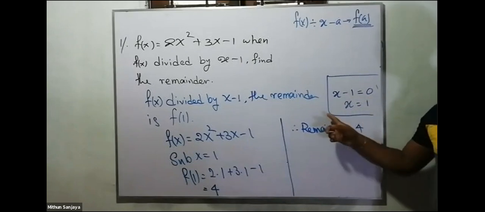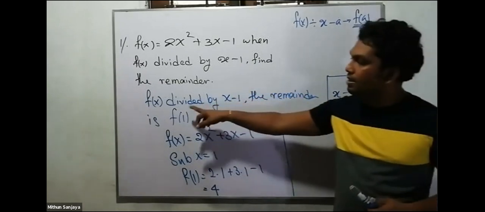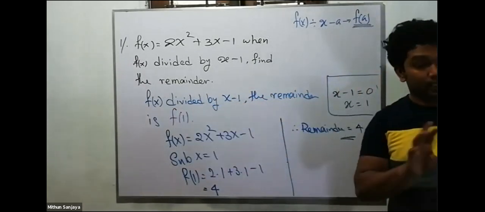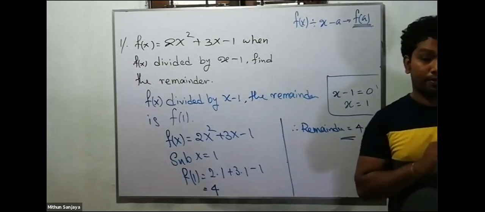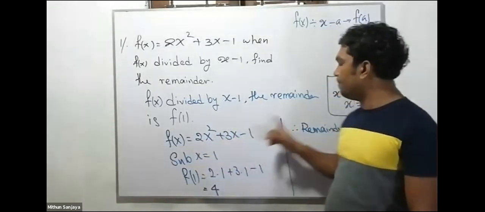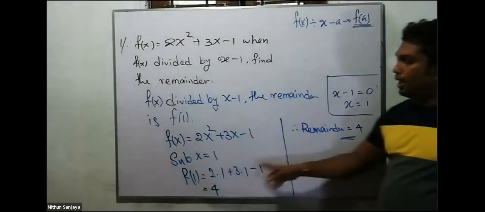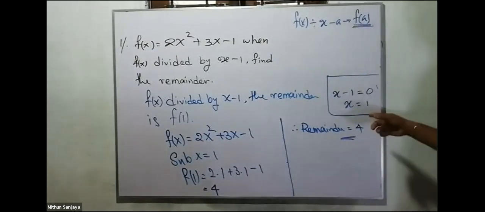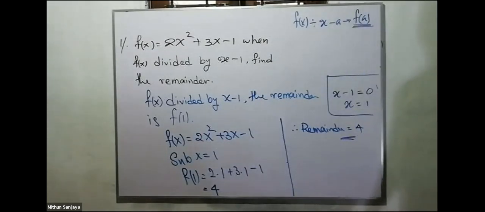So that is the way we write the answer. First of all, we state the theorem and how we use the theorem. After that we write the function, substitute the value and take the answer. Write it down.